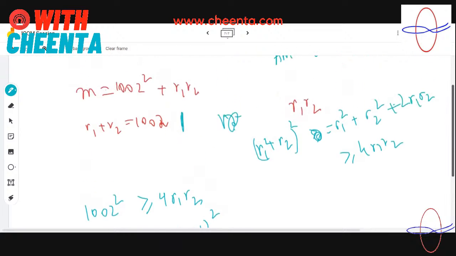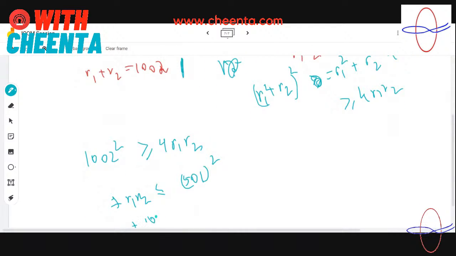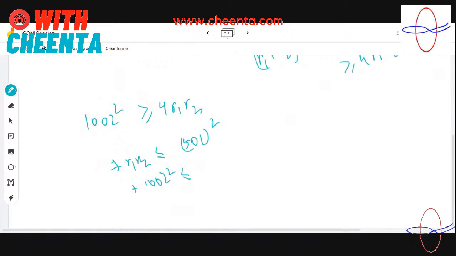And therefore R1 R2 is less than or equal to 501 whole square and greater than or equal to 0. This implies that M is greater than or equal to 1002 whole square and at most 1002 whole square plus 501 whole square, that is 25, I guess it's 251001.